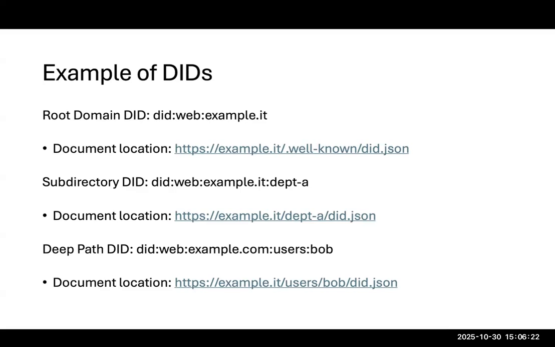There is also another option for this DID, the deep path DID, in which after the domain name you have, for example, further information, users and Bob. So the location of the document will be example.it/users/Bob, and there you find the did.json file containing the DID document.